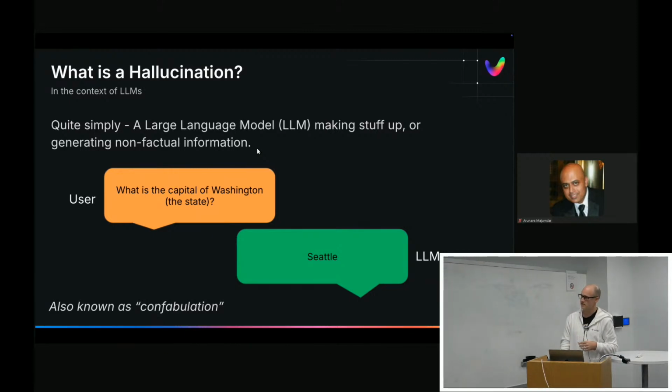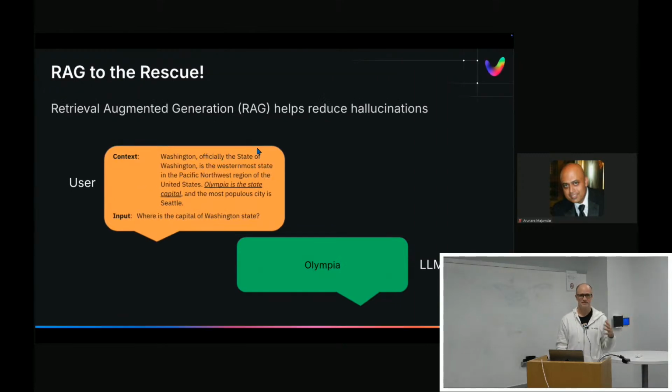So yeah, the capital of Washington is Seattle, right? No. See, humans hallucinate too, by the way. It's Olympia. And so sometimes LLMs do their best to give the right answer back, but they don't have perfect information. And this is a proven fact.